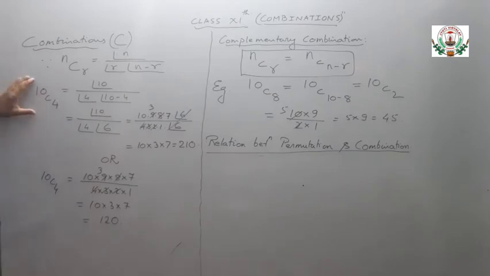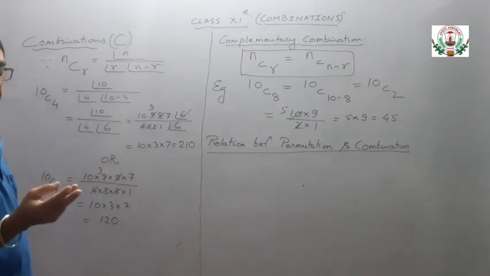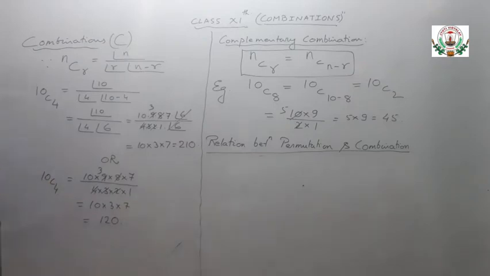But this 10C4 we can also solve directly by a shortcut method. In permutation, if 10P4 is given, we take 10 into 9 into 8 into 7, descending, only that much. But in 10C4, we take 10 into 9 into 8 into 7, and in the denominator we start from 4, since r is 4, and go up to 1, descending, their product 4 into 3 into 2 into 1.